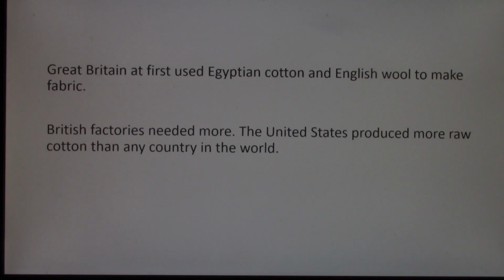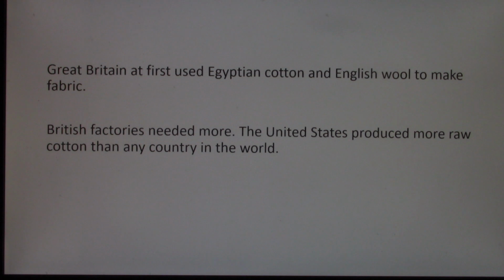Great Britain at first used Egyptian cotton and English wool to make fabrics, but Egyptian cotton is very fine. British factories need more. The United States in the 1800s is going to go through an agricultural revolution, and those states, which are from Virginia and south of Virginia, began to grow cotton.